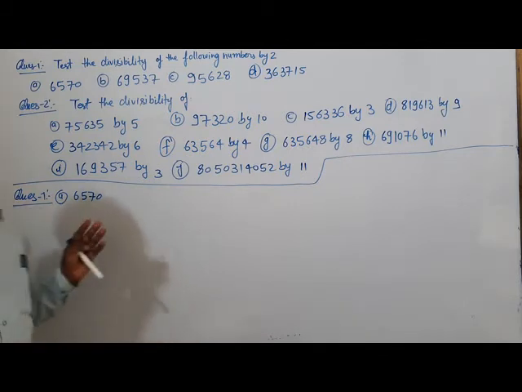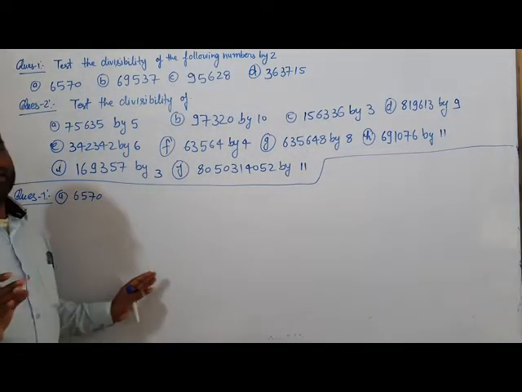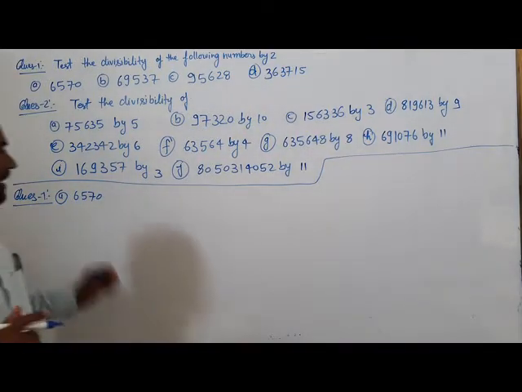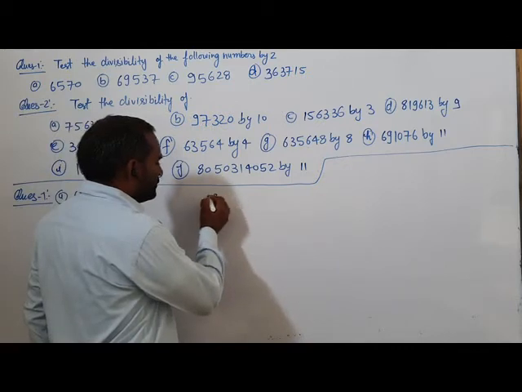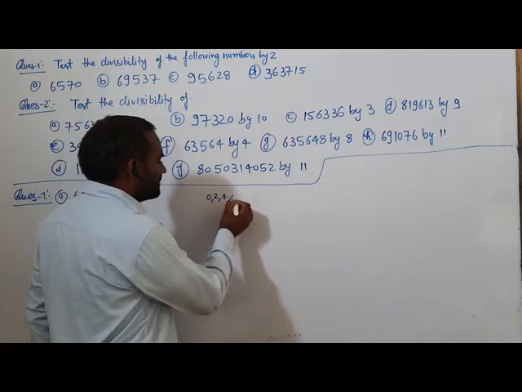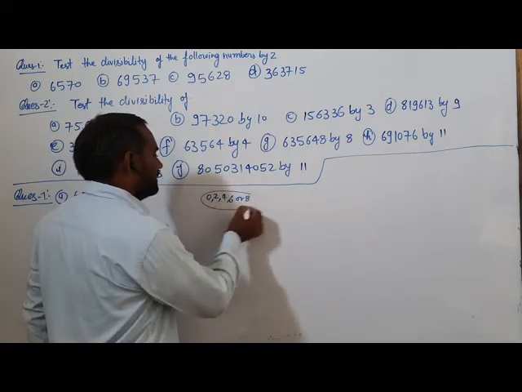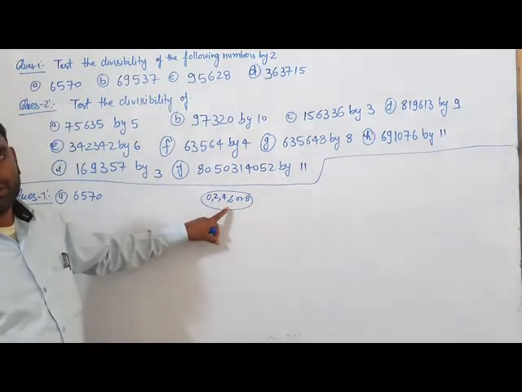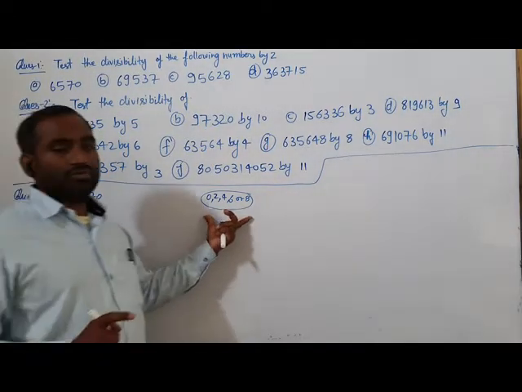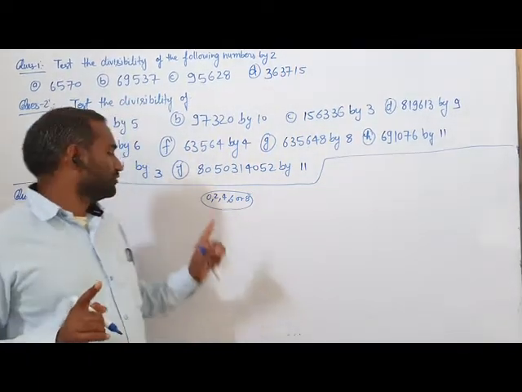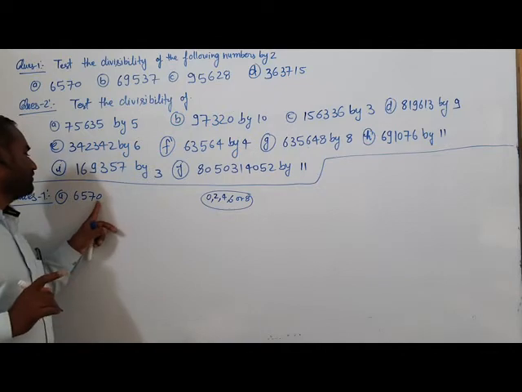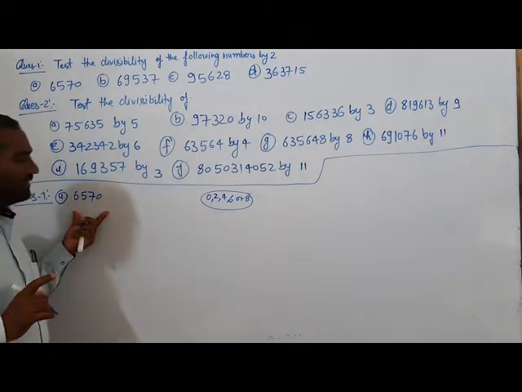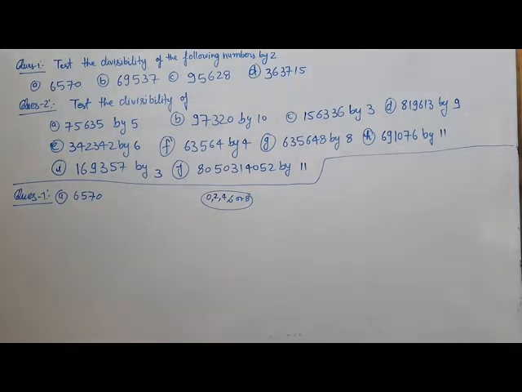All of us have studied that if the unit place of any number is either 0, 2, 4, 6 or 8, that number will be divisible by 2. Here we see that 0 is at the unit place, so it will be divisible by 2.